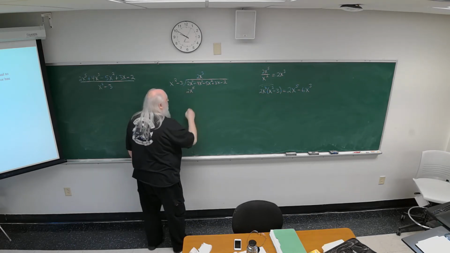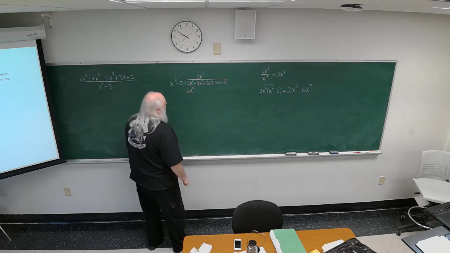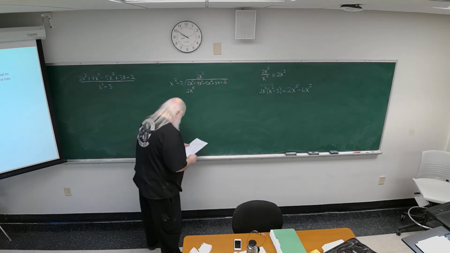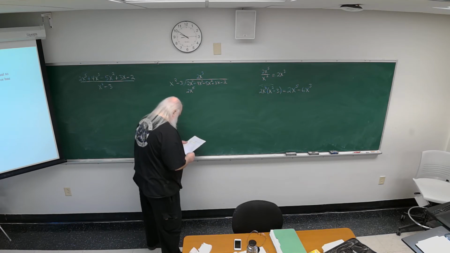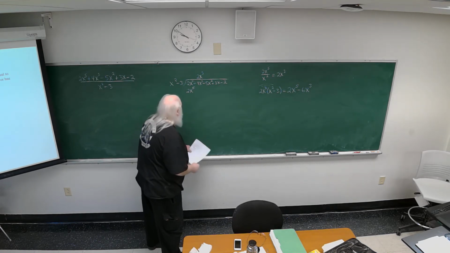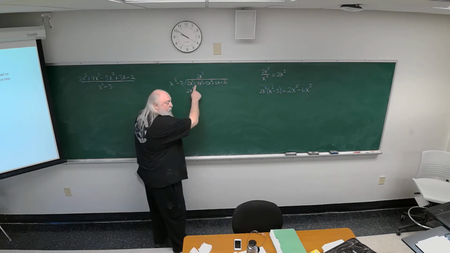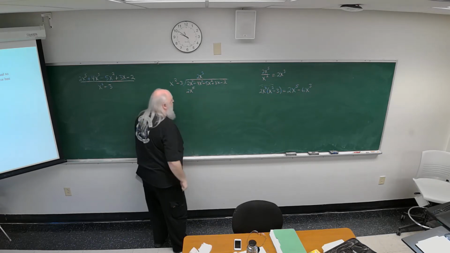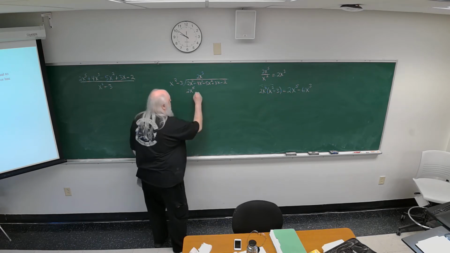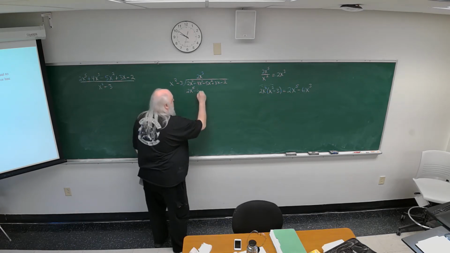So you notice that I'm getting away with something, right? I should have left a space for x to the 4th. In most instances you would, okay? But I'm going to get away with not having it in this problem. So we have 2x to the 5th minus 6x cubed.